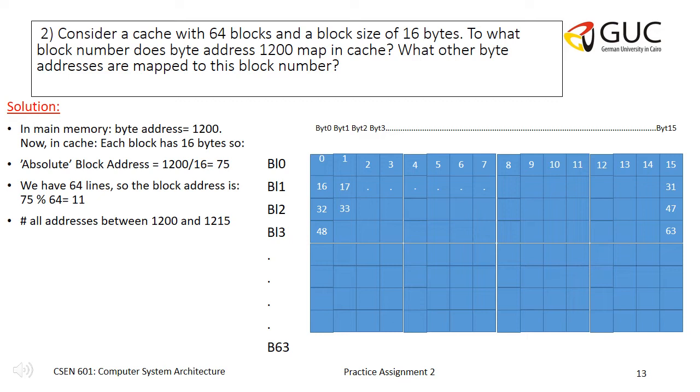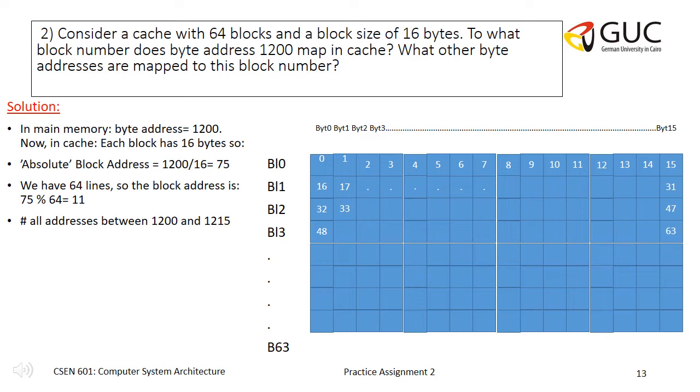So here we have a cache of 64 blocks. As in the first question, where we had a cache of 8 blocks, now we have a cache of 64 blocks. So we have block number 0 till block number 63 as shown in this figure.